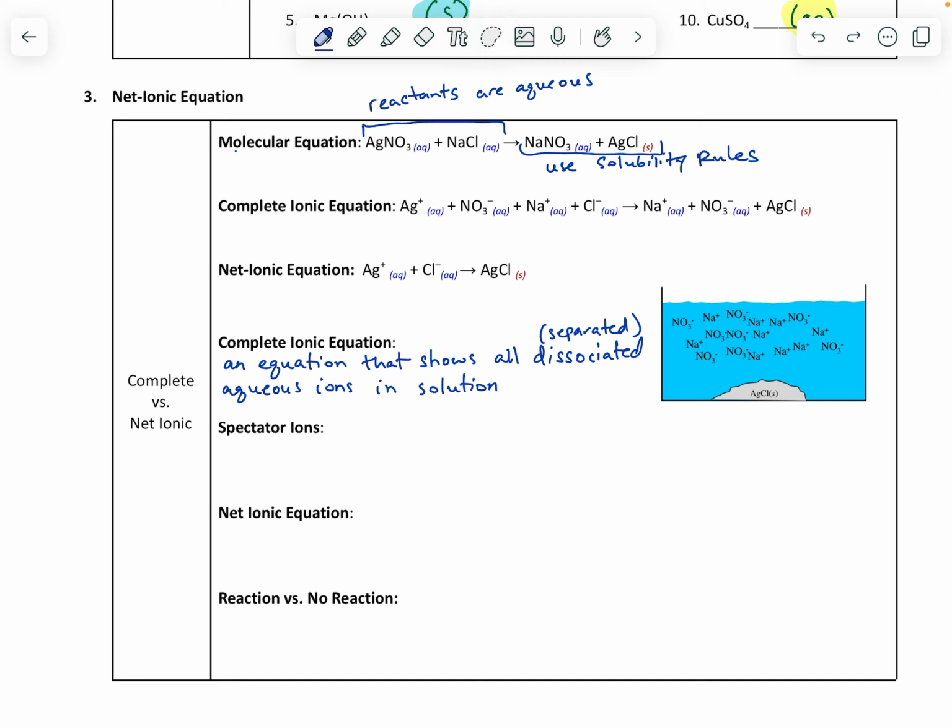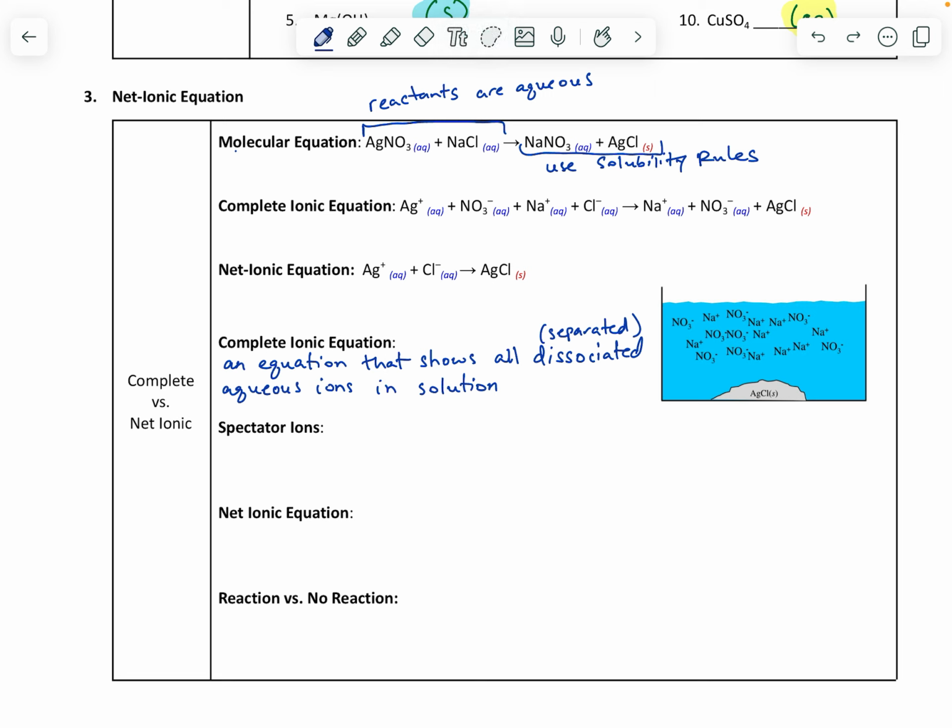Aqueous means that it is able to dissolve. Anytime we have an aqueous substance, we can dissociate it, if it's an ionic compound, into its individual ions. But what you'll see here is we do end up having an insoluble product, a solid form, which is that silver chloride there.